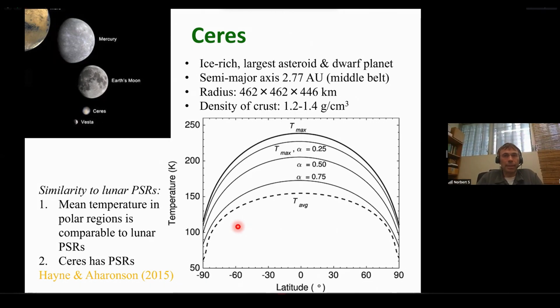So although these are sunlit regions still, this ice-rich area has a similar mean temperature to what the lunar cold traps have. So there are some analogies, and we can perhaps learn something from Ceres about the icy cold traps on the moon.